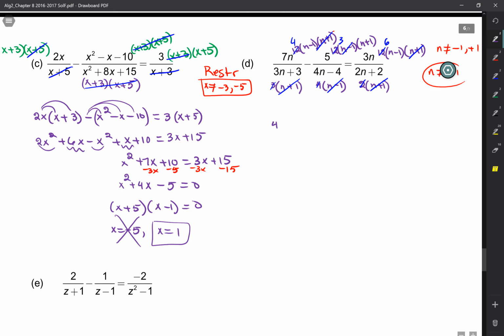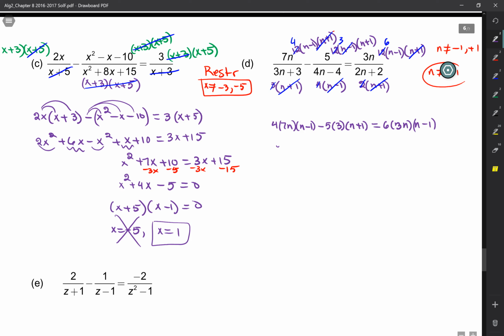Okay, so 4 times 7n times (n - 1) minus 5 times 3 times (n + 1) equals how much? 6 times 3n times (n - 1).